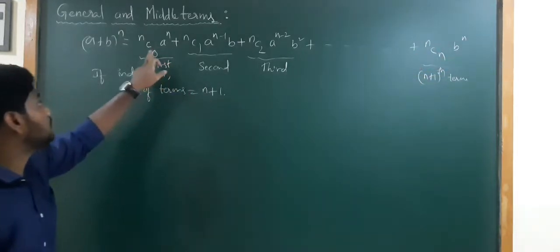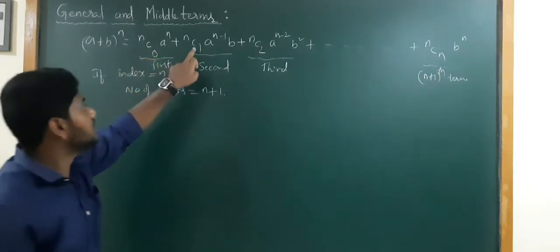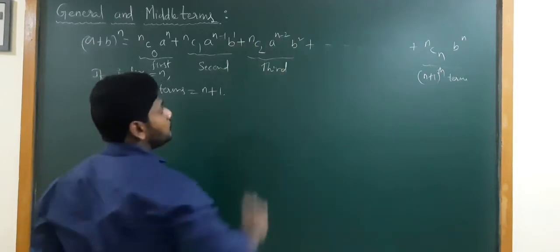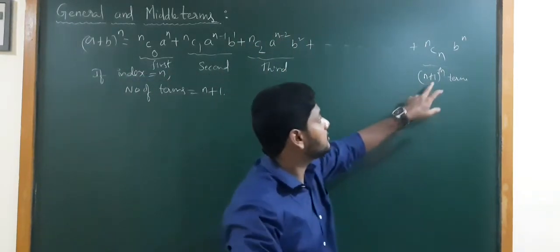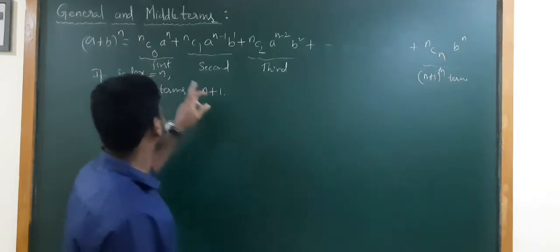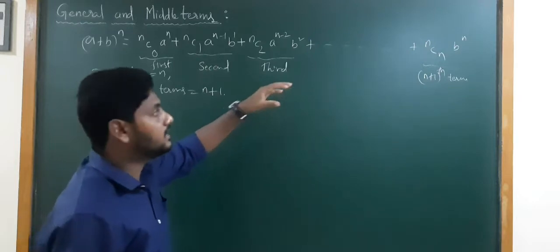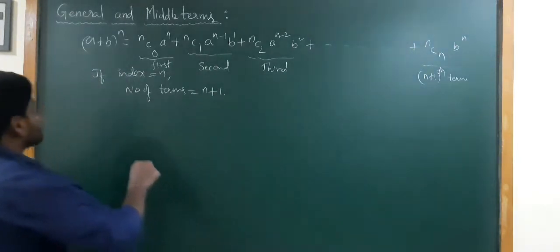Now when it comes to variable b, here 0 means b to the power of 0, next here 1 means b to the power of 1, here 2 means b to the power of 2, next in the third term b cube will be there, in the n plus 1th term it is n. First term 0, second term 1, third term 2. Like that in the 12th term, that b power will be 11.